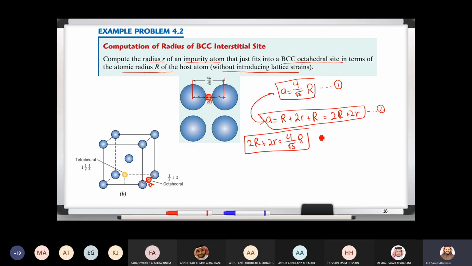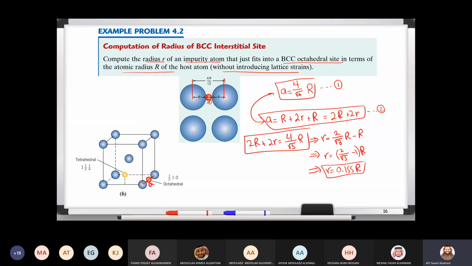Now we can shift everything to the other side. You will end up with small r equal to 2 over square root of 3 R minus R, meaning that r is equal to (2 over square root of 3 minus 1) R, or we can say r is equal to 0.155 R. So this is the maximum radius of the impurity atom that we can add in this position in order to not cause any stresses.